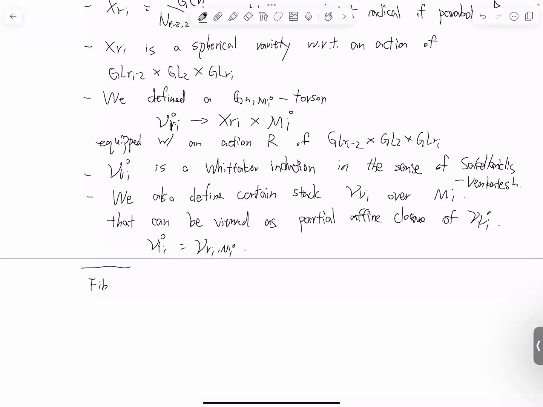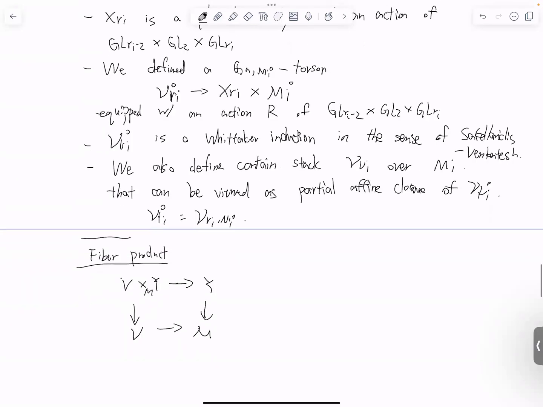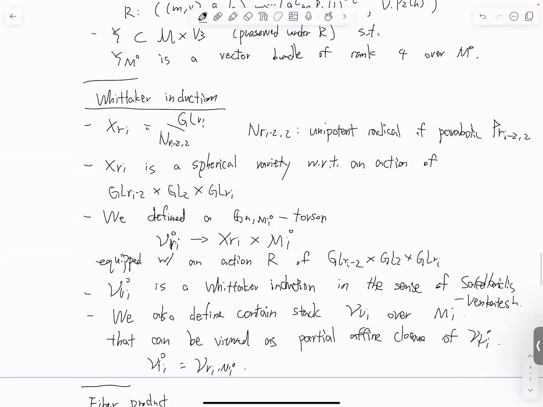And then since they are both over M, we can form the fiber product V cross Y over M, denoted VY. Then we have this diagram. And we denote X to be the product of the XRi, which is defined above.